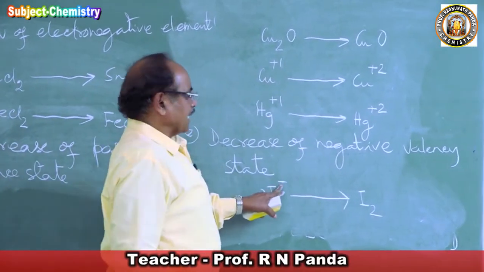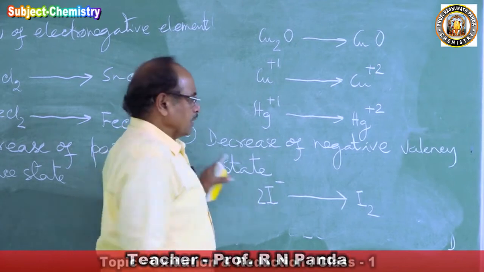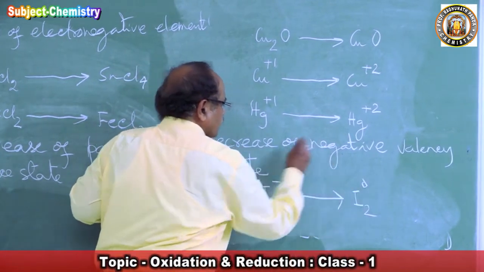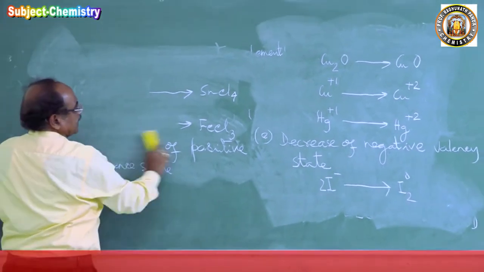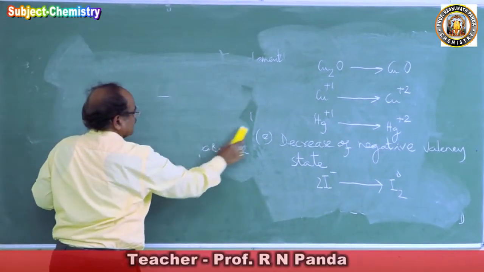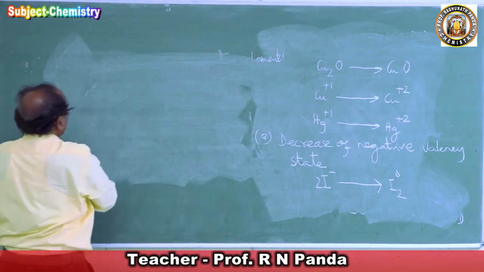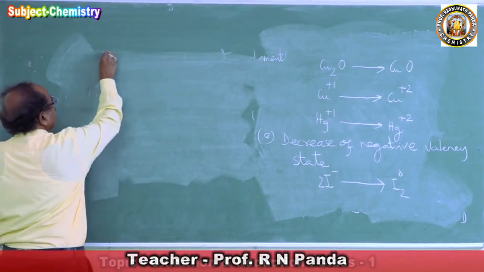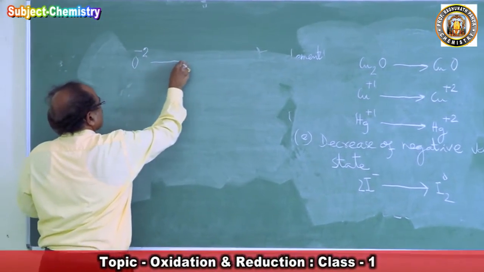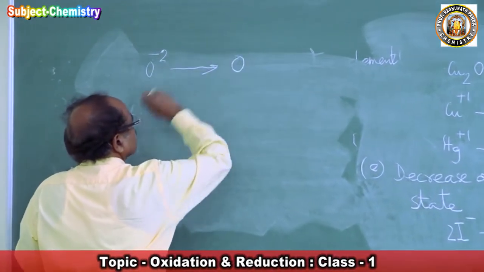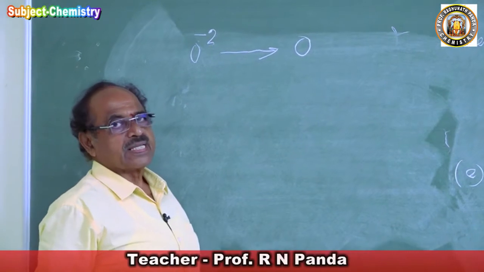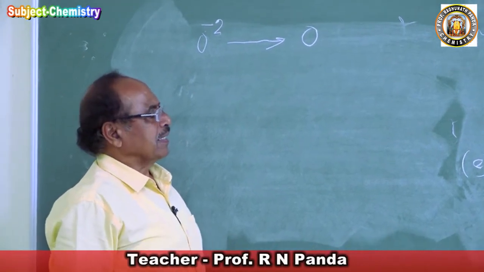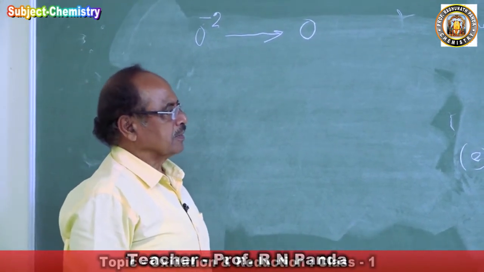Here the negative charge was -1, now this becomes 0. So negative valency state becomes 0. So there is a decrease of negative valency state. Or we have oxide, O-2, and this becomes oxygen. So we say this is again oxidation.